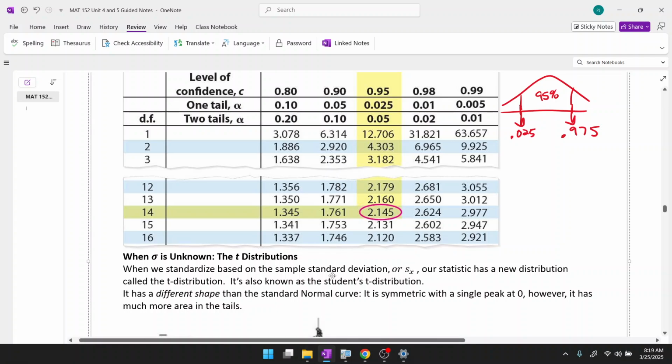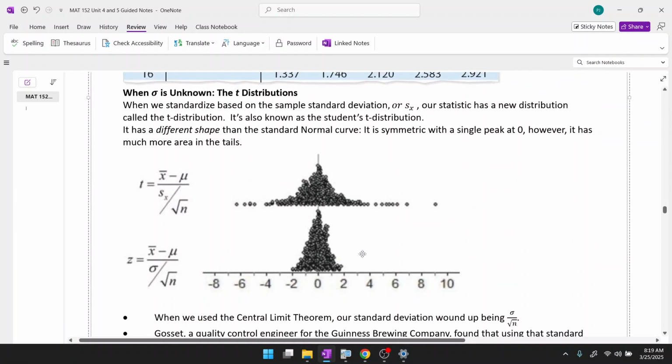So what is the purpose of the t-distribution? Well, as I said, it gives you more wiggle room, so to speak. The purpose of the wiggle room is, it's more conservative.